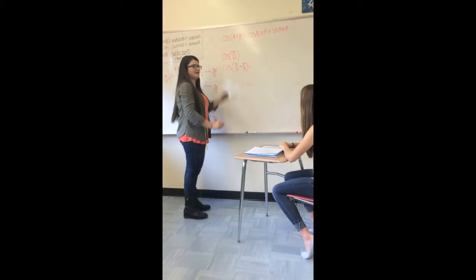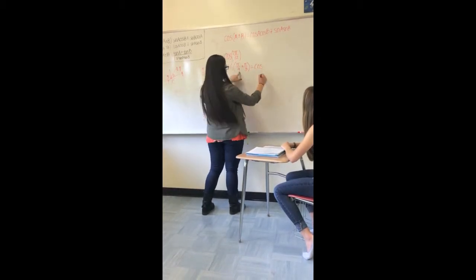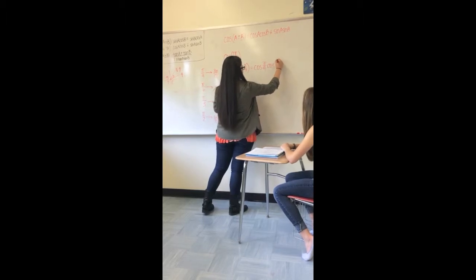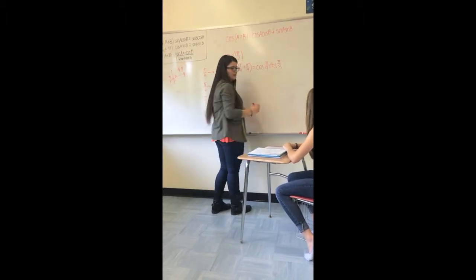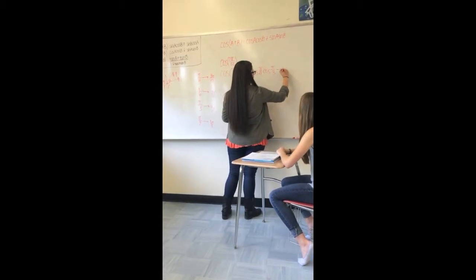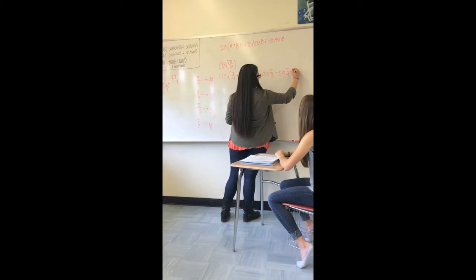So now following the equation, tell me what I should do. Cosine of pi divided by 4, the first, times cosine of pi divided by 3, minus, because they switch signs, sine of pi divided by 4 times sine of pi divided by 3.